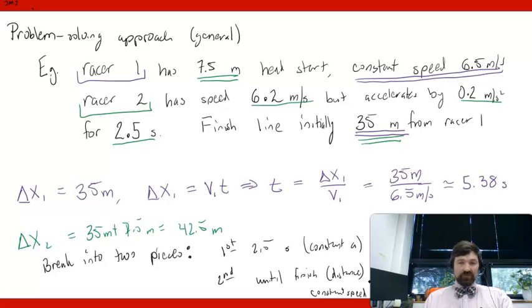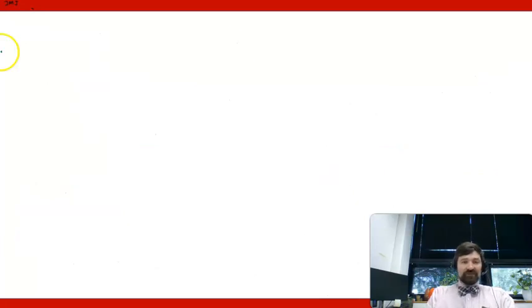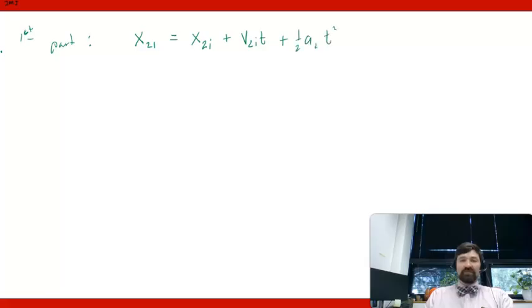So basically for the first part, let's call this x2 first part. That would look like x2 initial plus v2 initial times time plus 1/2 a2 times t squared, and we're using t equals 2.5 seconds.